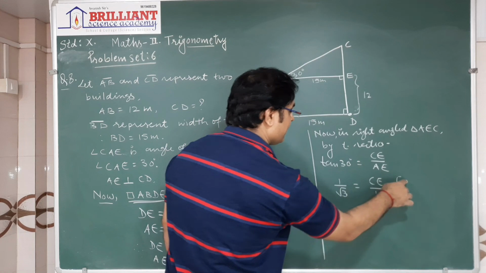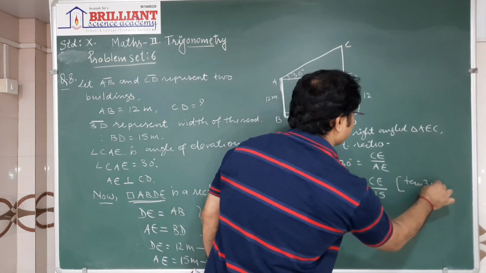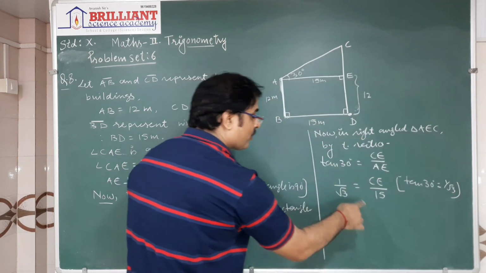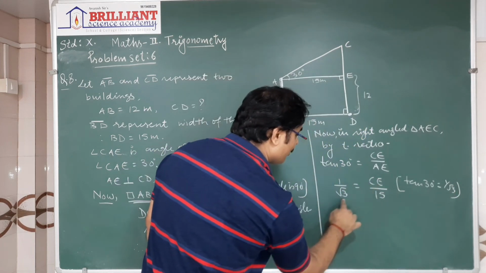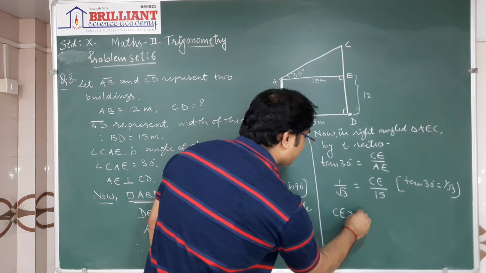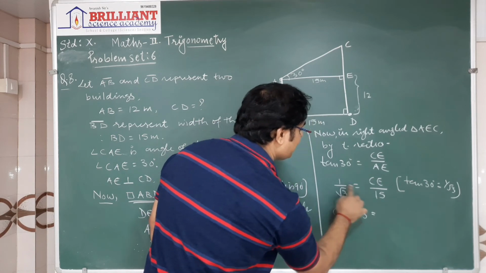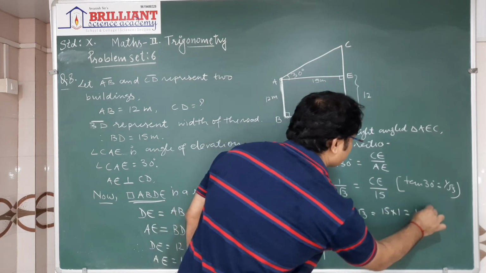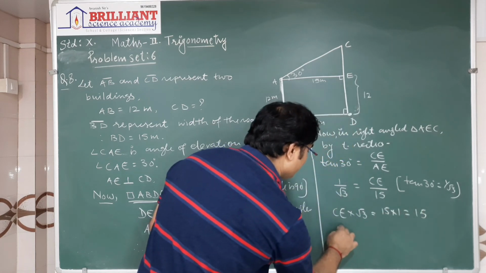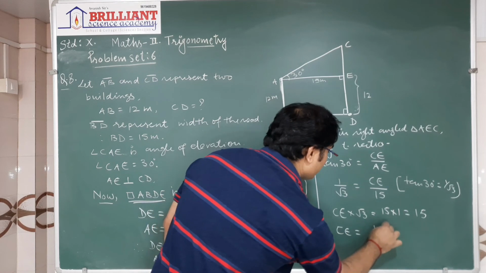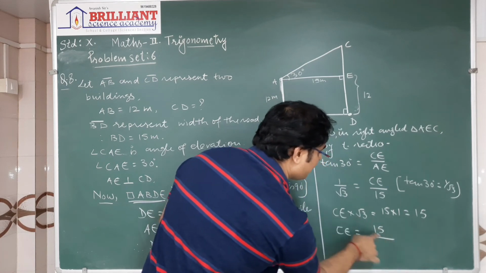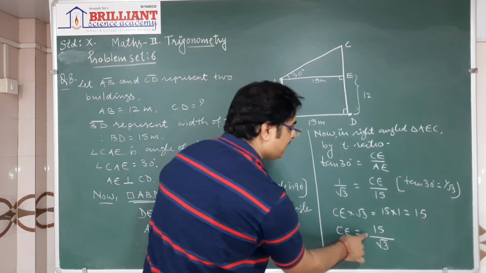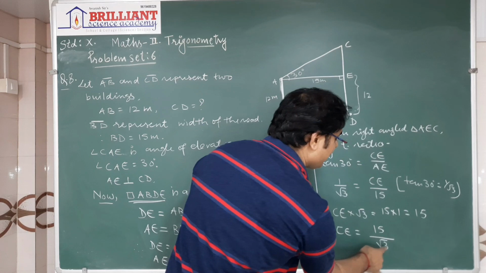And right here, value of tan 30 की कौन सी value use किया? 1 by root 3. Now by cross multiplication, CE into root 3 is equal to 15 into 1. 15 into 1 कितना आ जाएगा? 15. Therefore CE into root 3 is 15, and this root 3 taken to this side becomes division, means CE is equal to 15 by root 3.